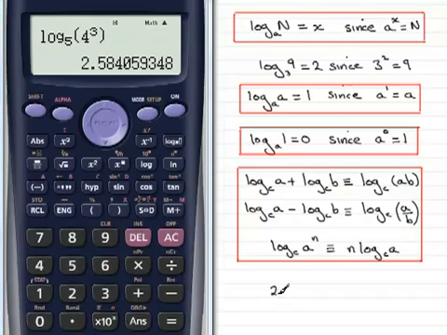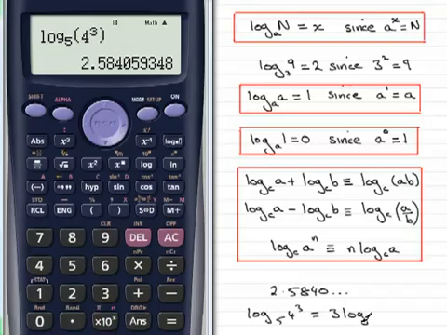So 2.5840 and so on. So according to that rule, the log of 4 cubed in base 5 should be the same as 3 log of 4 in base 5. Let's see if it comes to 2.5840 and so on.